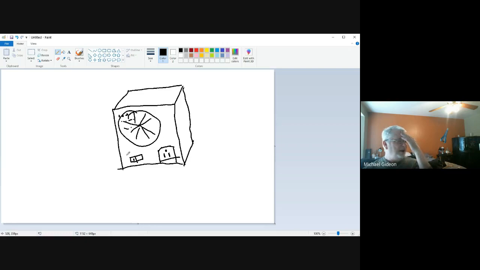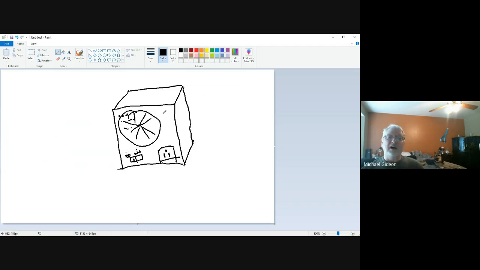Some countries don't use our voltage system, 110 volts. In the UK, they use 220. So you might have a slider switch that allows you to switch between US and somewhere else in the world by flipping that switch.